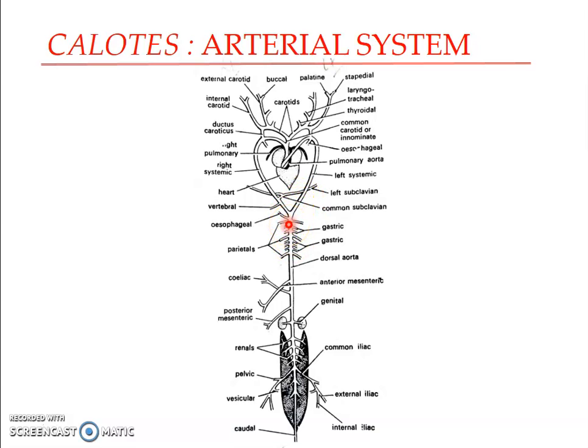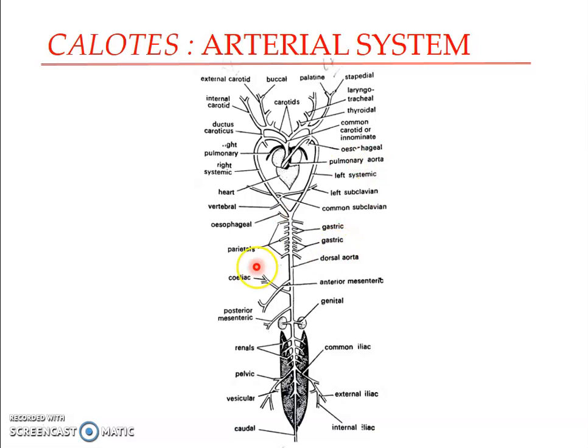Okay, and now we can see that the blood vessels to various organs emerge out from the dorsal aorta. The first artery to emerge out from the dorsal aorta is the anterior esophageal artery, a single one you can see over here. It arises from the ventral surface of the dorsal aorta, and as the name indicates, it supplies the esophageal region.